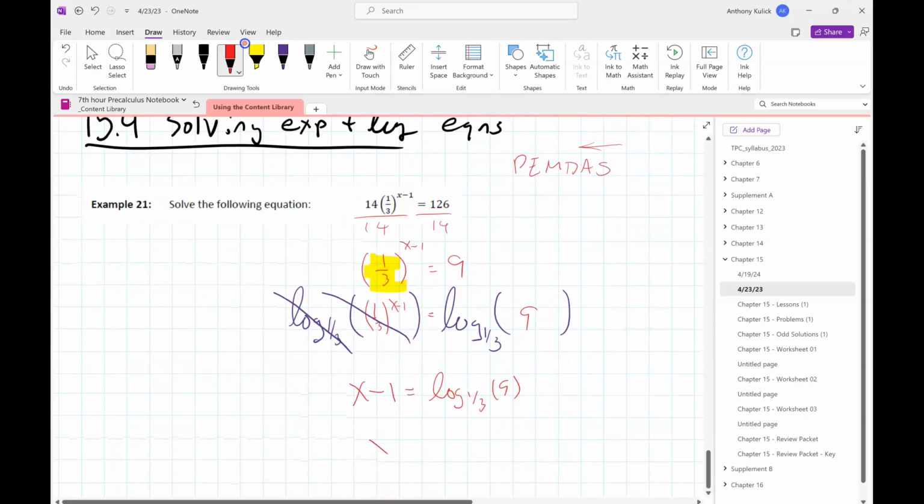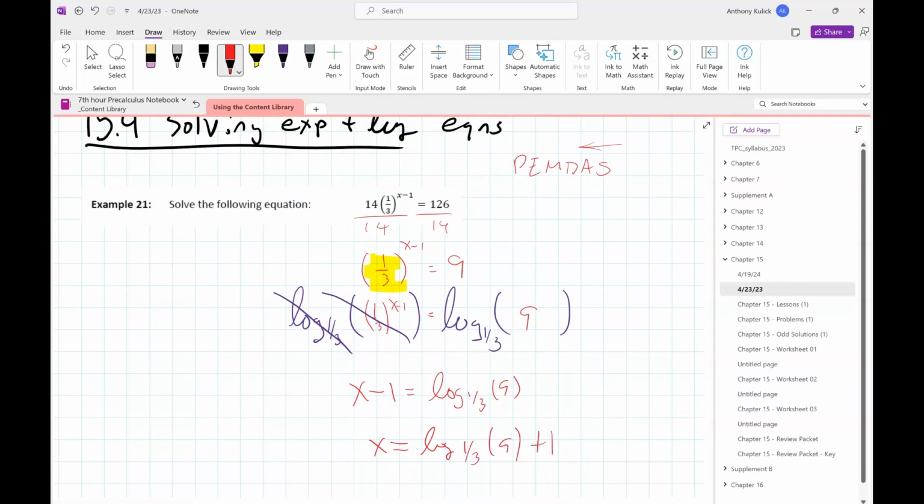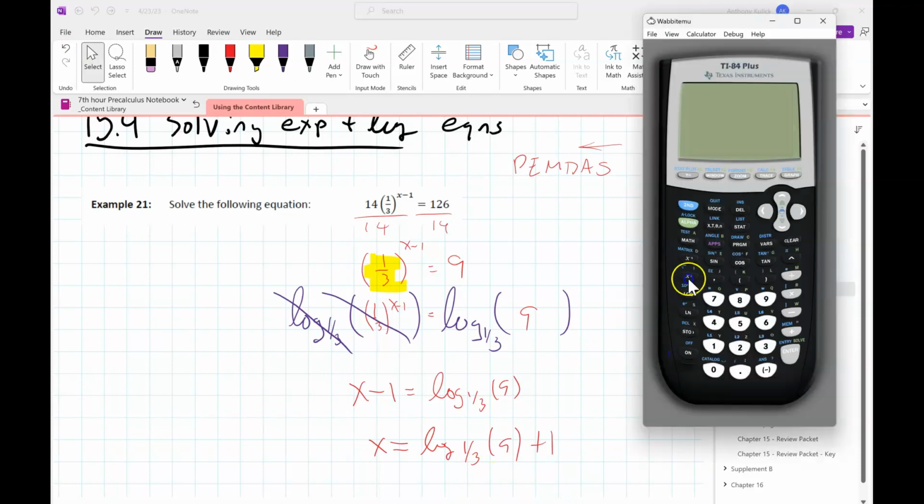And then I just add 1 to both sides. And then it's calculator time. So math, log base 1/3 of 9 plus 1 is -1.